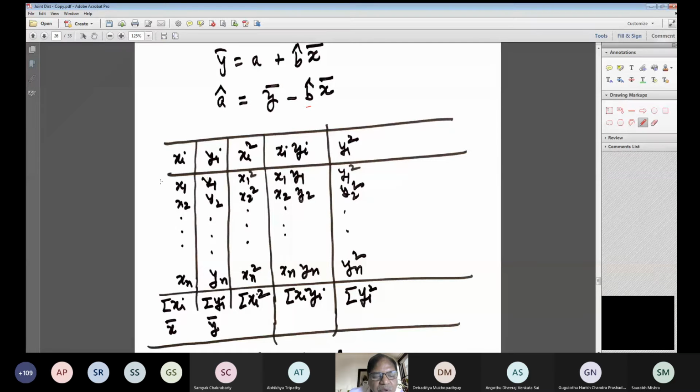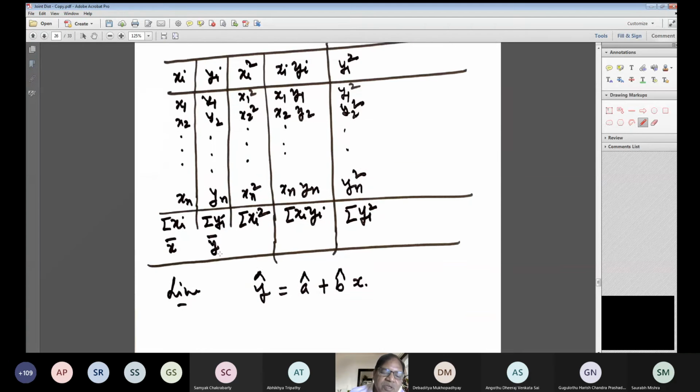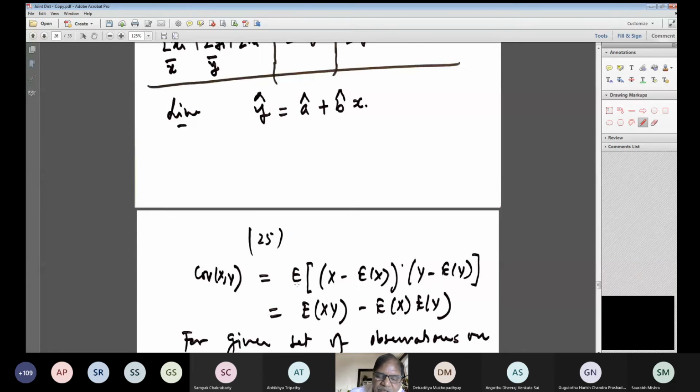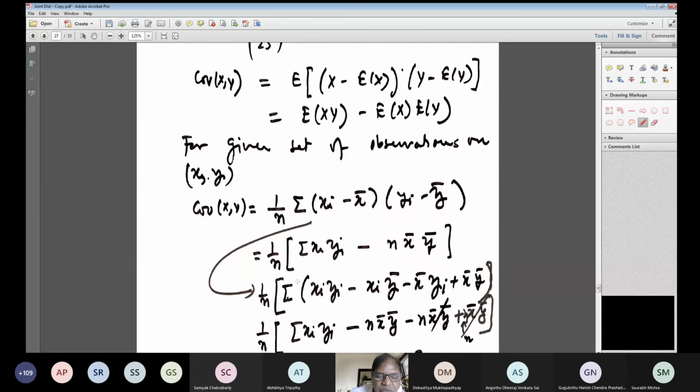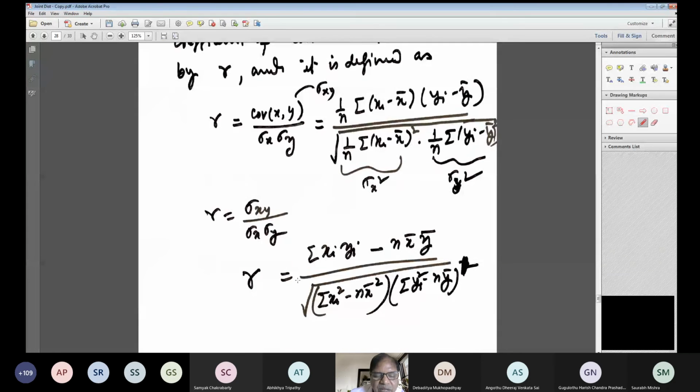In another column you compute the products x1 y1, x2 y2, and so on, and finally sum each column. If you need to find the correlation also, then you make another column. Using this and substituting the values in the given formula, you can get b and a, and you can also get the correlation coefficient. All these things have been discussed, so I'm not going into detail.